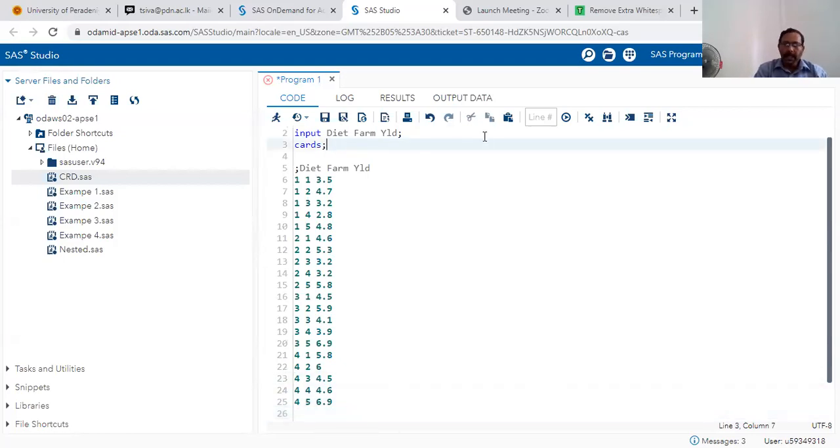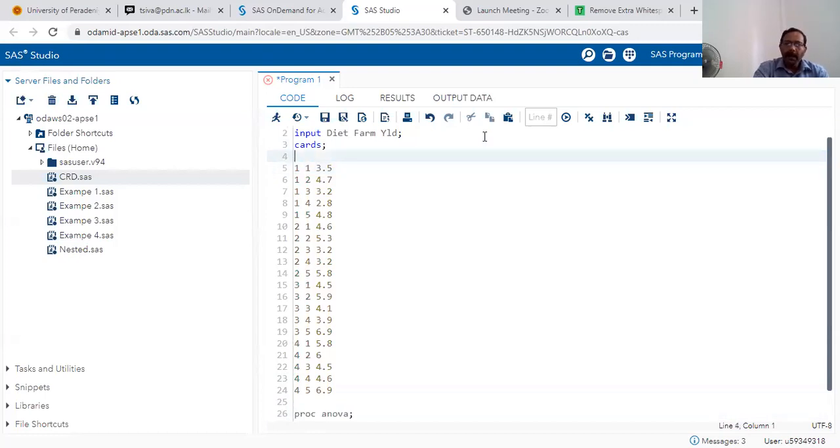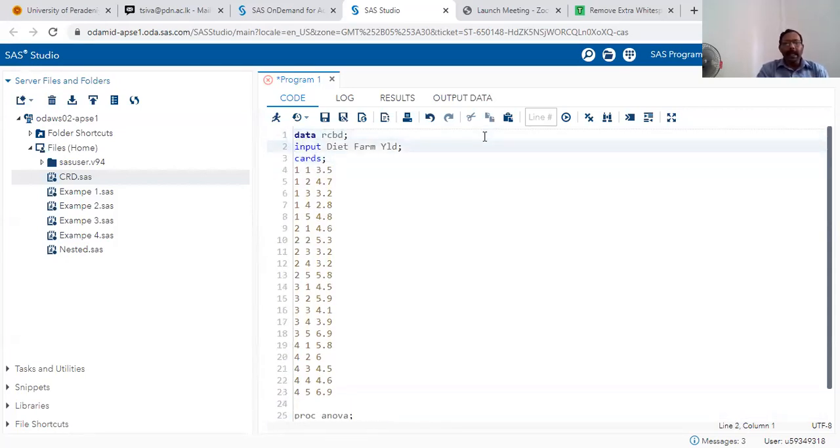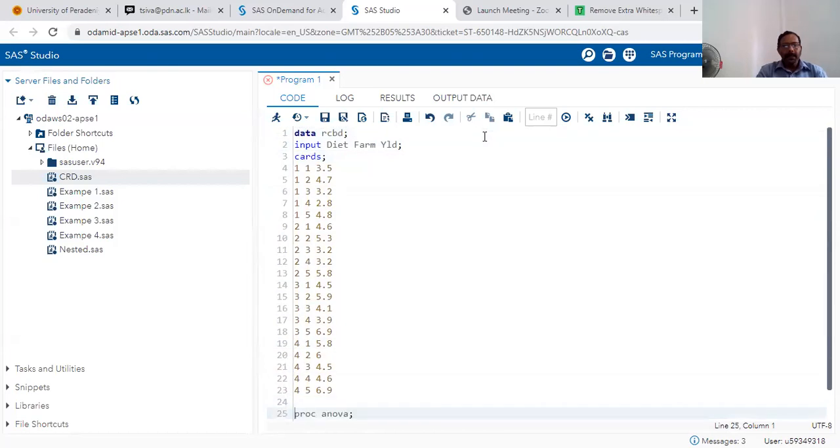Now you see these are not necessary. Only the data I need. I have removed all the titles and so on. I have already entered these titles. So let me be careful. Here you have the semicolon.